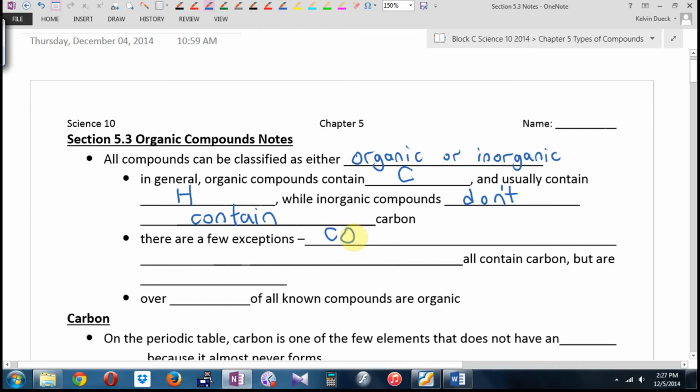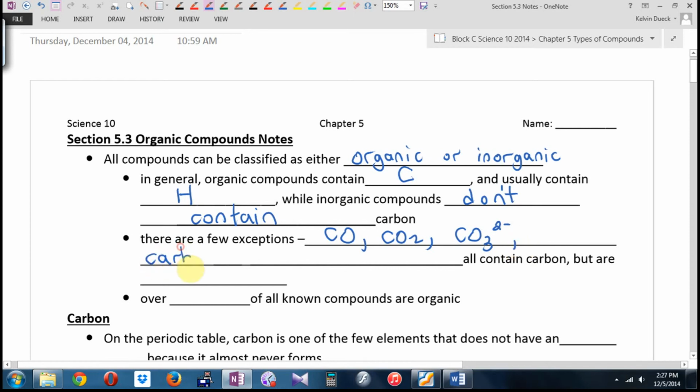Carbon monoxide, CO. Carbon dioxide, CO2. CO3 2 negative, which is carbonate. And then there's something that we'll talk about.